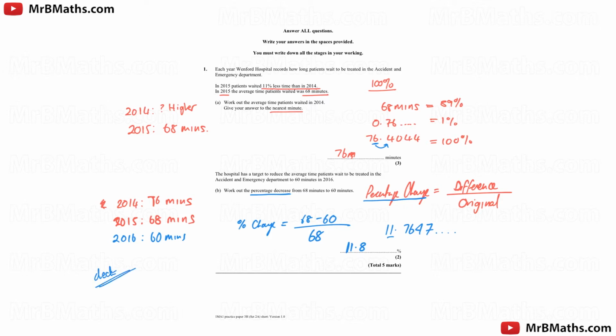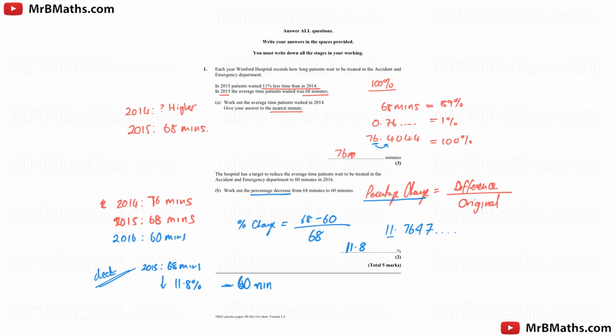Okay. Let's say we've got 68 minutes, which is what we've got in 2015. If we drop this by 11.8%, if our answer is correct, we should get around 60 minutes, because we've rounded. So let's try that.